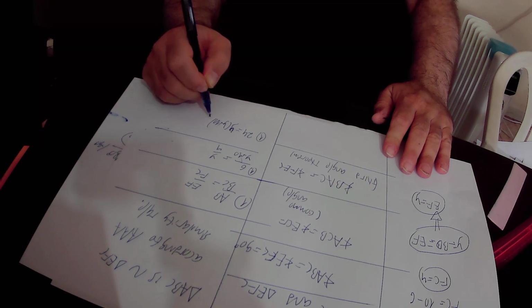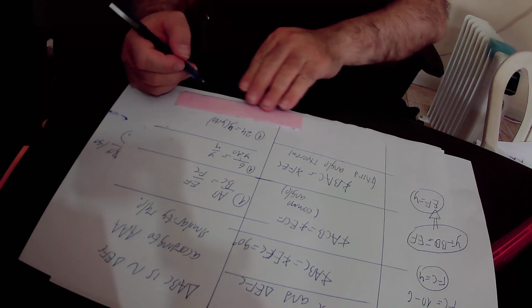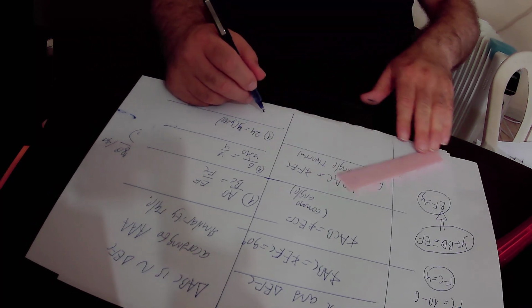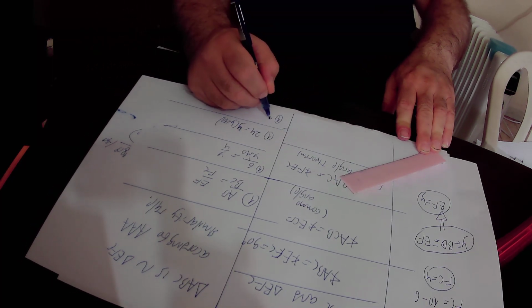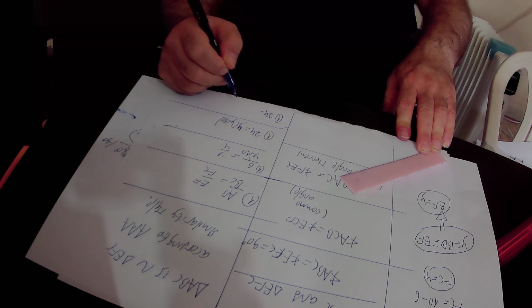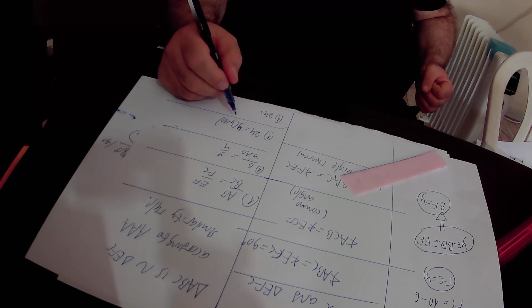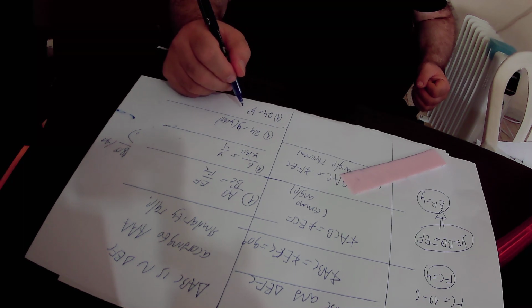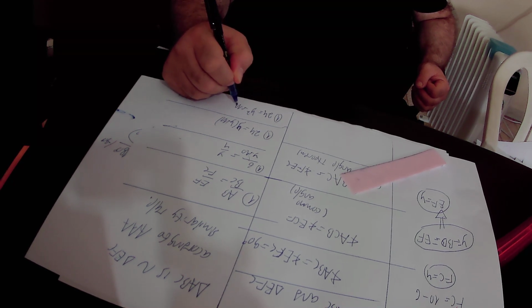Here we'll open the brackets, and we get 24 equals Y times Y, which is Y squared, plus Y times 10, which is 10Y.